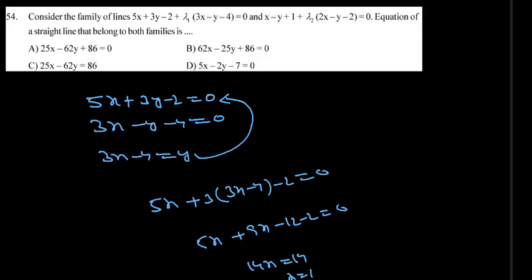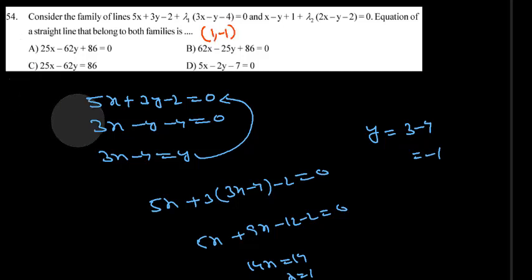Okay. So substitute x equal to 1 in y, then we will get y is equal to 3 minus 4, that is equal to minus 1. What means that the family of lines will pass through the point 1 comma minus 1.